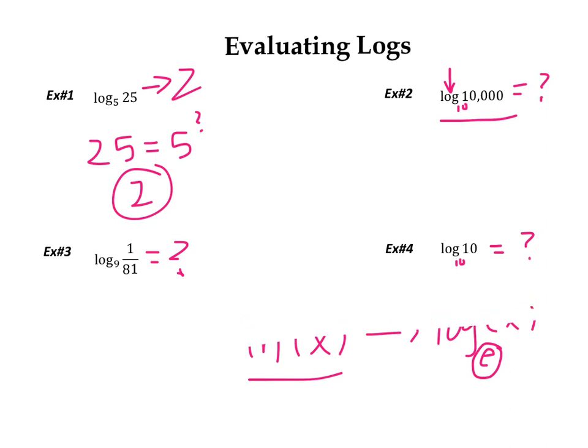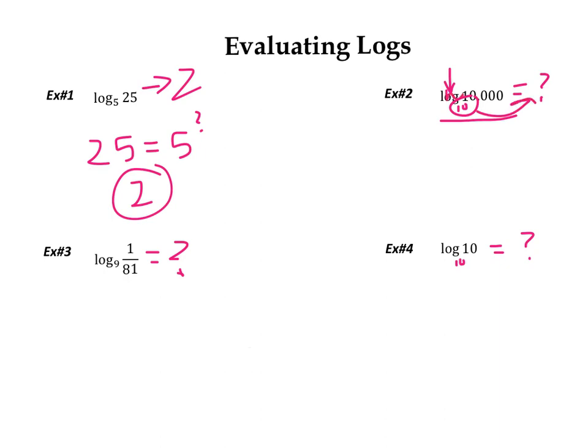So, let's go ahead and convert these last three, and we can call it a day. So, we take this 10, we push that question mark up, the log disappears. So we have 10,000 equals 10 to what power? Right? So notice how there's 4 zeros?